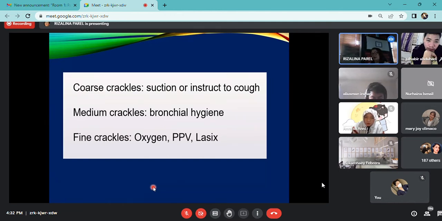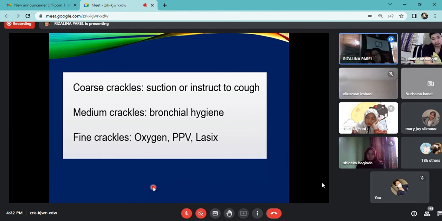So, kung effective naman yung kanyang coughing, kaya ng pasyente, then kailangan niyang umubo para matanggal yung coarse crackle sound. Or kung hindi naman effective yung coughing niya, then we have to suction the patient. And for medium crackles, then we do the bronchial hygiene. Postural drainage, okay?